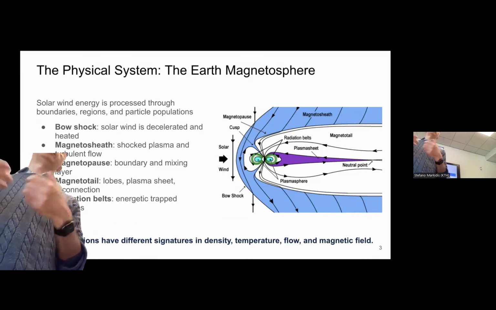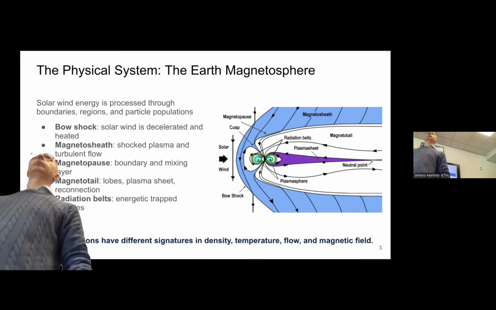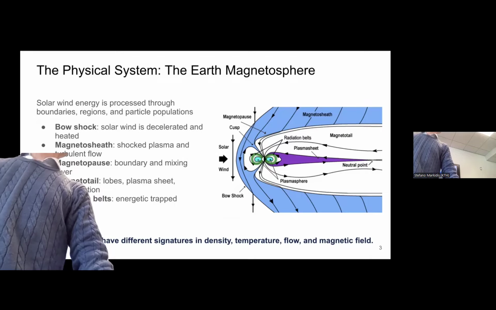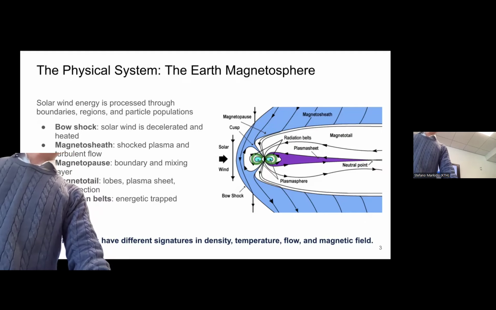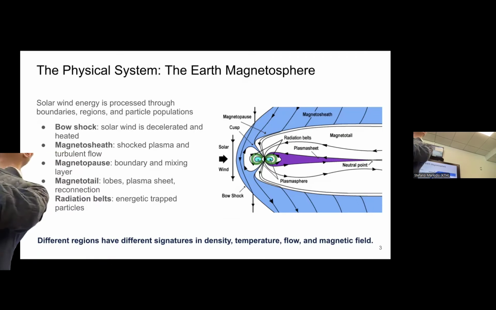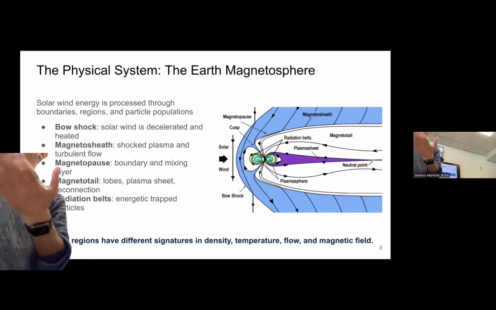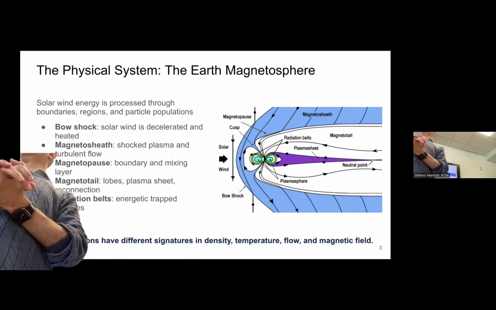Shock, you can think of it as a big discontinuity. It is probably not a fluid shock like we have in normal fluids, but a so-called collisionless shock. It means that collisions do not occur on the time scale of the shock formation.